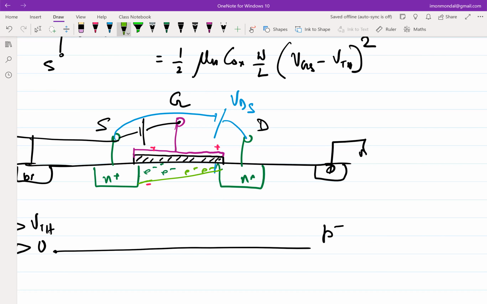And if I keep on increasing the drain voltage, this trapezoid will start to become a triangle. And what happens when, at this junction, I increase VDS to such an extent that the VGS at the drain becomes threshold voltage?